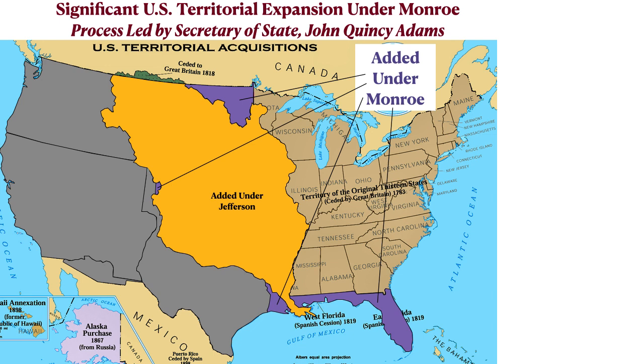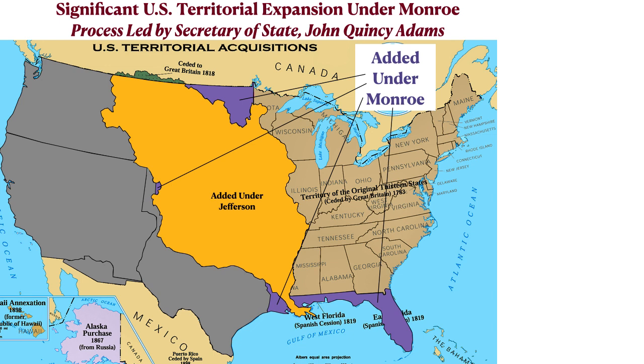Very accomplished diplomat, becomes Secretary of State, which is the most powerful position in the government after the presidency. So it's interesting what he was able to acquire from Spain, Florida, but Florida at that time included much more than what is now Florida. It included the southern parts of Louisiana and Mississippi, and even a chunk of Louisiana.